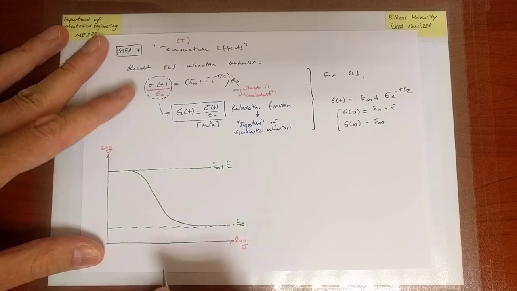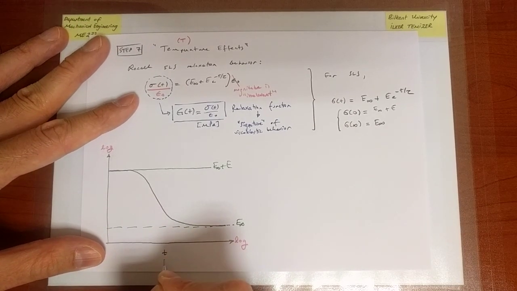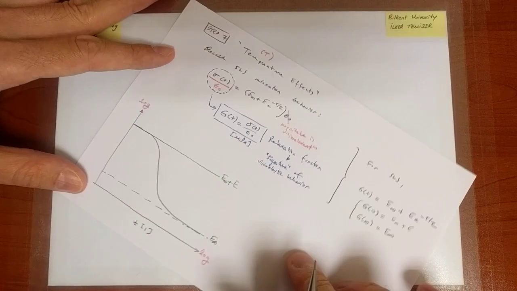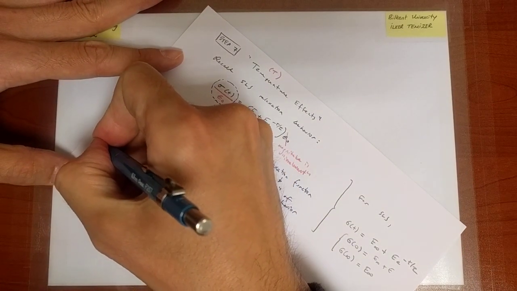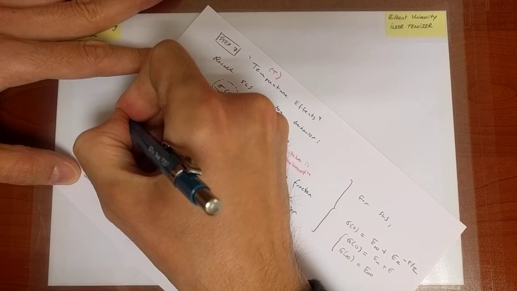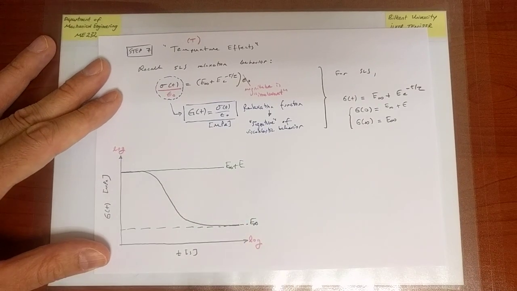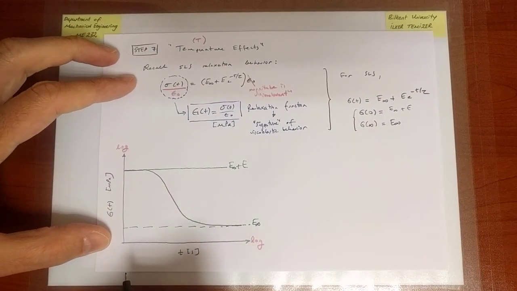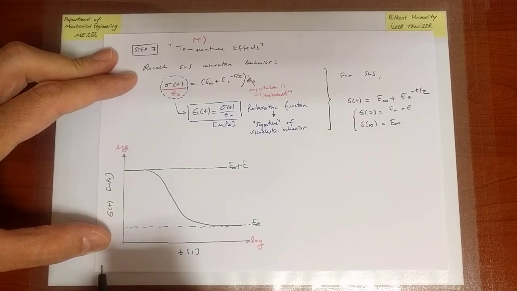So the horizontal axis is time, in seconds on the log scale, and the vertical axis is the relaxation function in terms of MPa. Now I'm just going to write here some indicative values of these scales that we are showing on the plot.